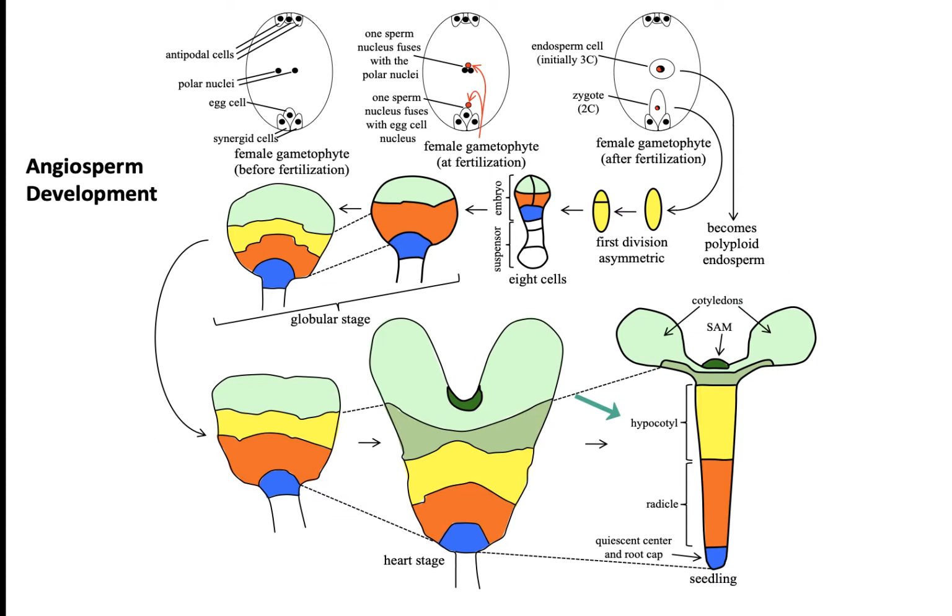There's a middle portion that becomes the hypocotyl, which is the embryo stem. And then there's the radicle at the bottom, which is the embryo root. And then still there's that section attaching the embryo through the suspensor to the mother plant or the ovary.